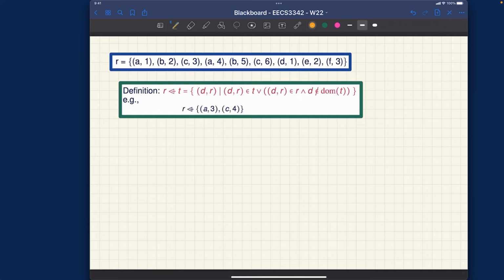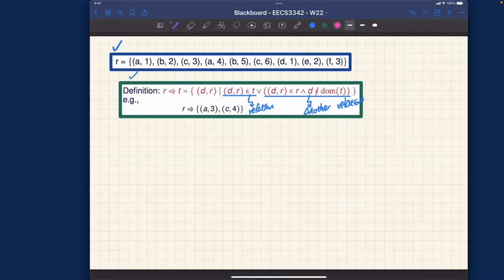Over here we have the relation R. Let's set the definition aside, but I want to annotate very quickly. You can think of this part over here as one relation, and this part over here, as I said before, is just another relation.